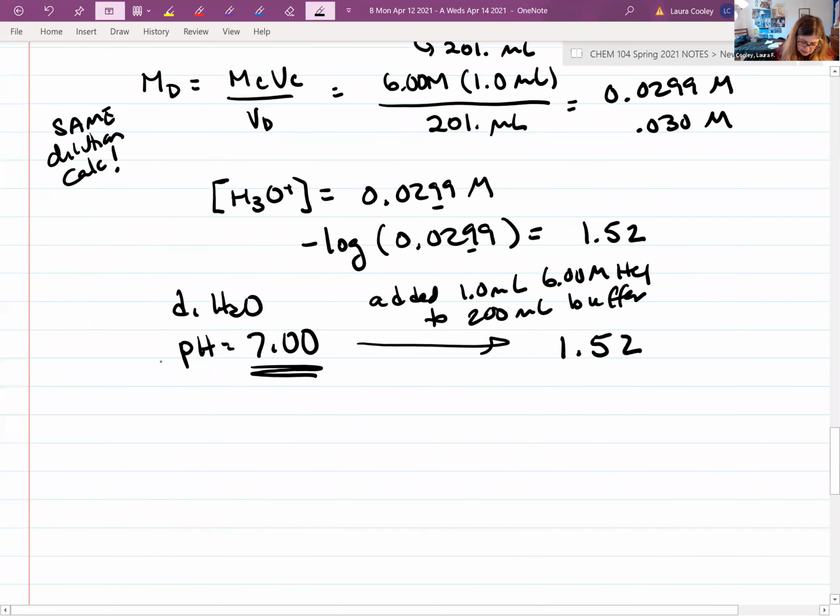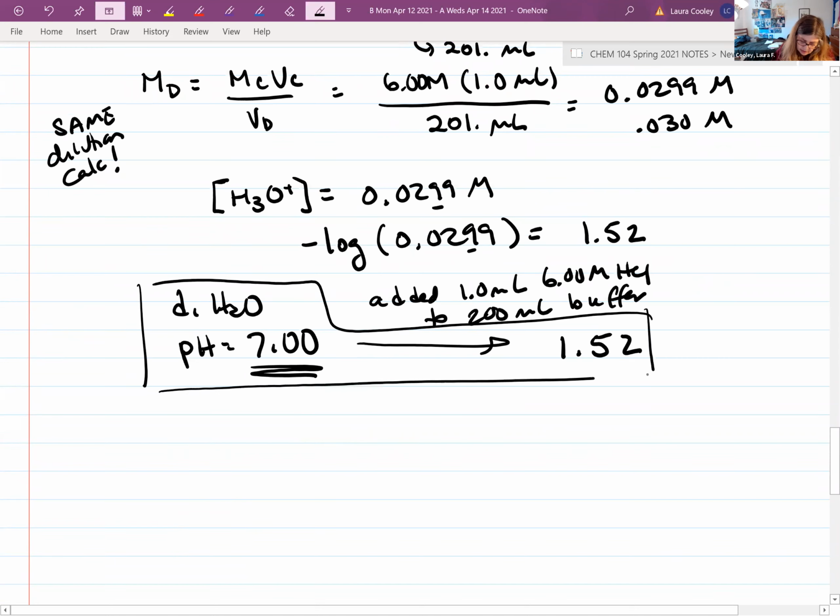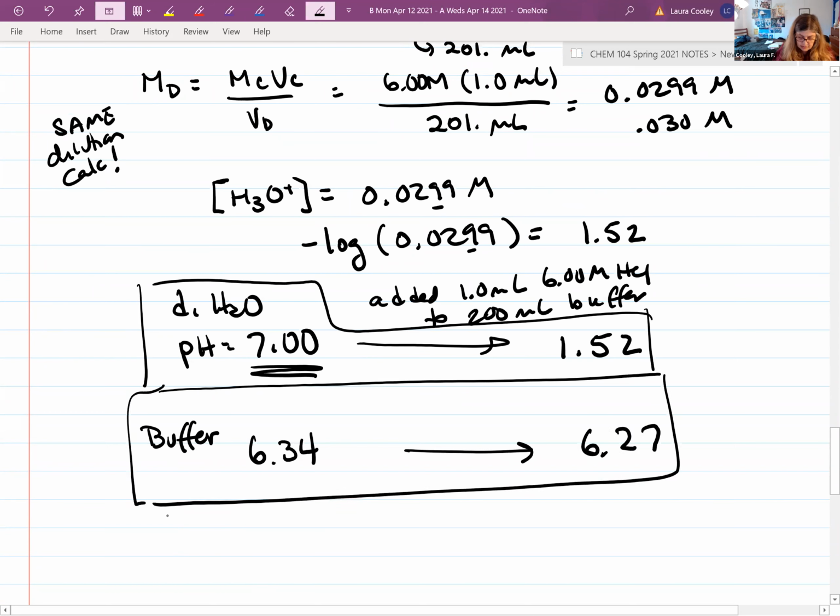So this is what happened to distilled water when you added that acid. What happened to the buffer? Just to give you a contrast here, it went from 6.34 to 6.27. So this buffer is really doing its job.